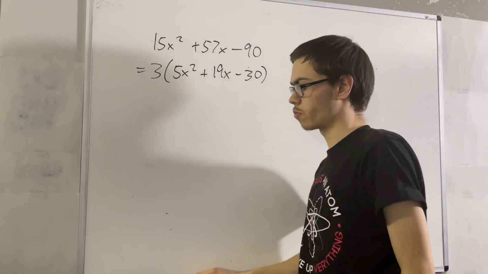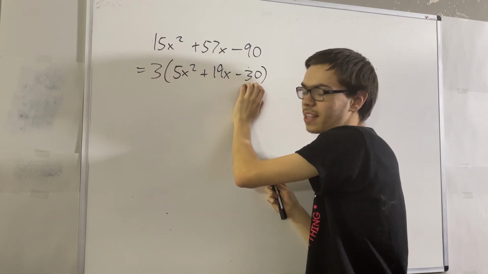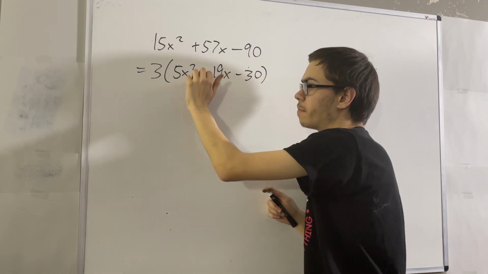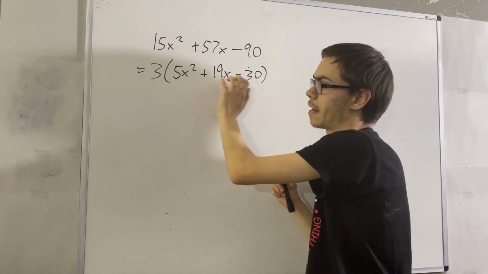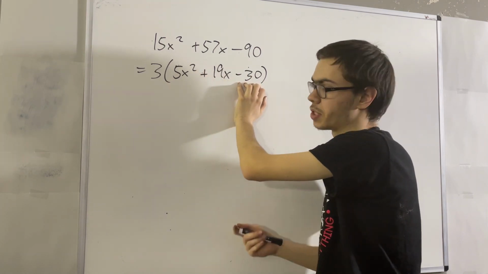So now that we're at this point, we've pulled out the greatest common factor, which means we can't factor the parentheses any further. So we're left with something in the form of ax squared plus bx plus c, which doesn't have a greatest common factor. Or in other words, the greatest common factor is just 1, so there's nothing to pull out.